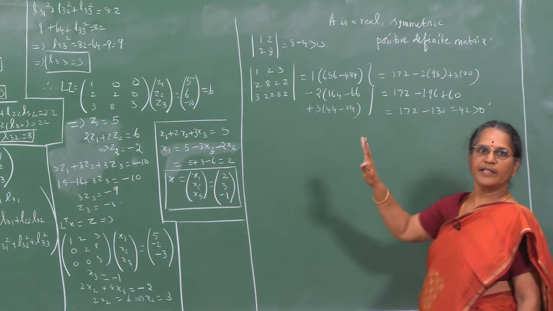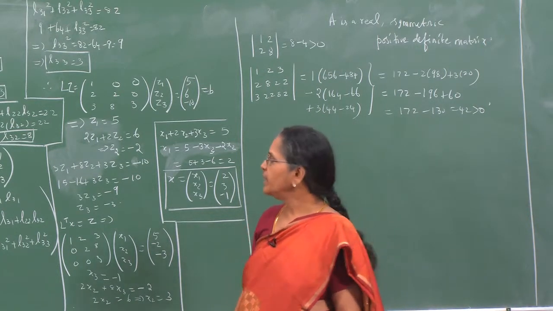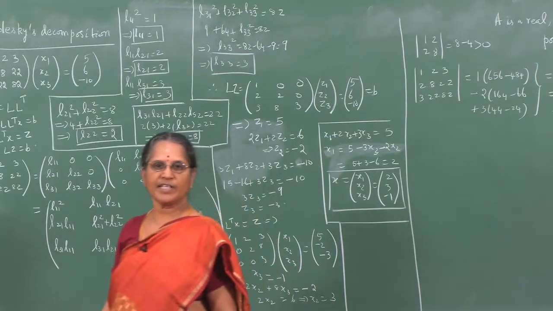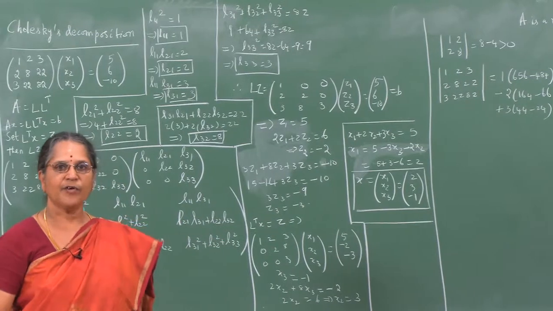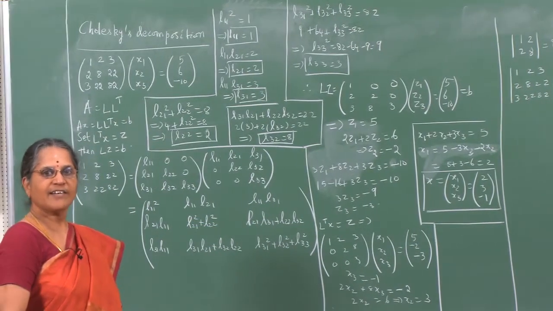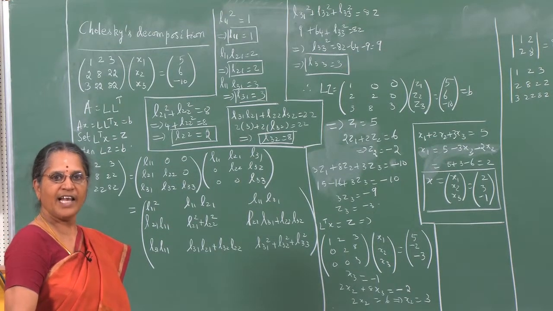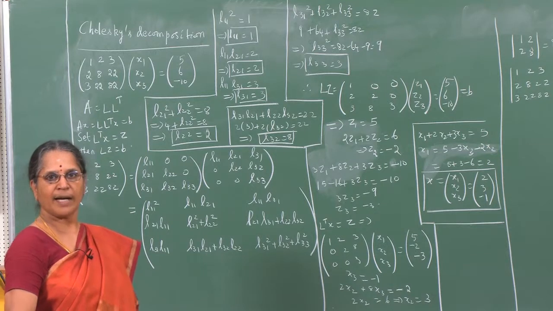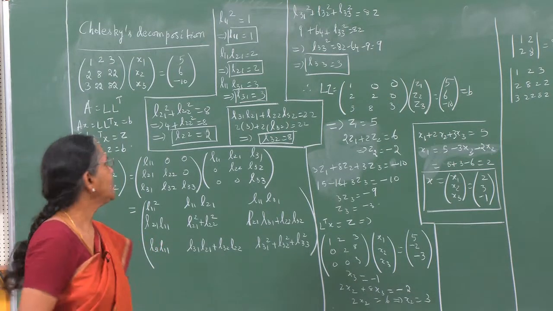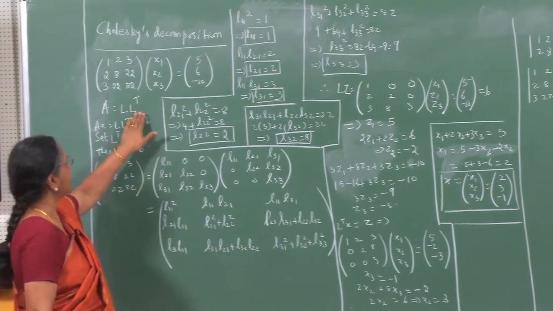So, all the leading principal minors are positive and therefore, A is a real symmetric positive definite matrix and therefore, matrix A has a unique factorization of the form L L transpose, where L is a lower triangular matrix with positive diagonal entries. So, we consider A in the form L L transpose.